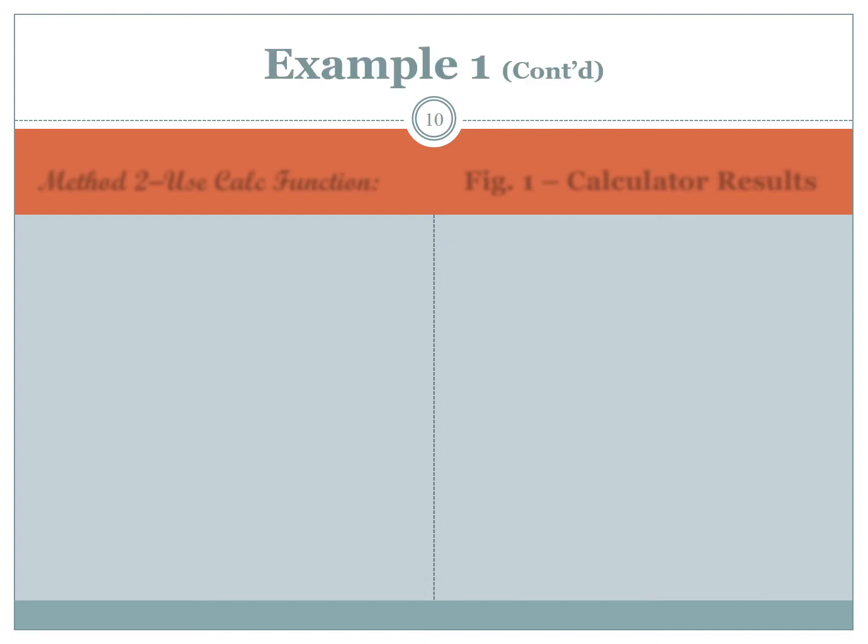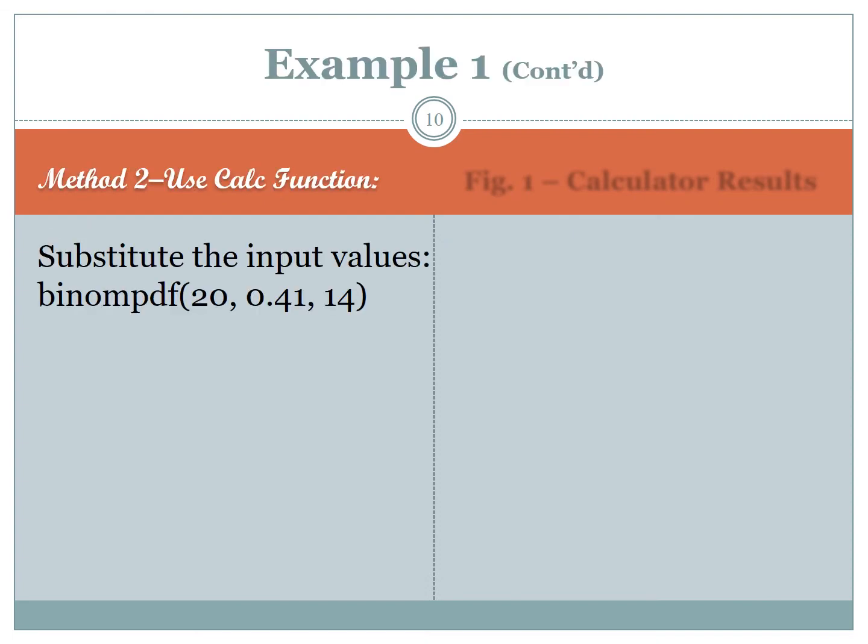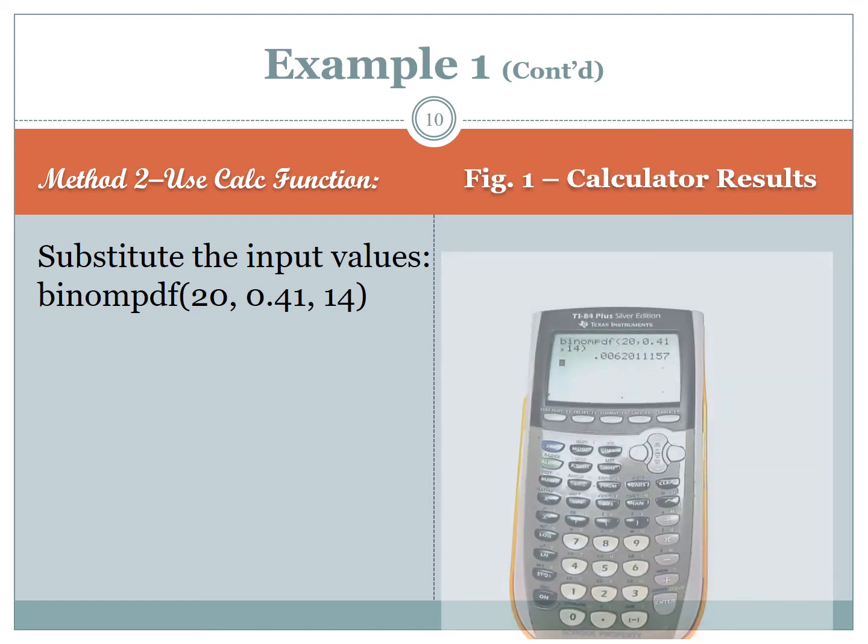So what we will do here is substitute the values 20, 0.41, 14, so that it looks like binomialPDF(20, 0.41, 14). We put that in the calculator.